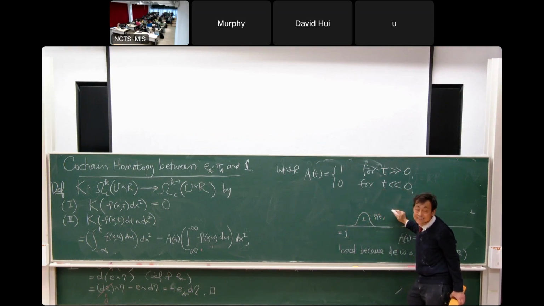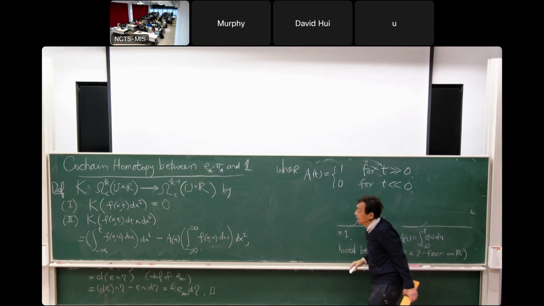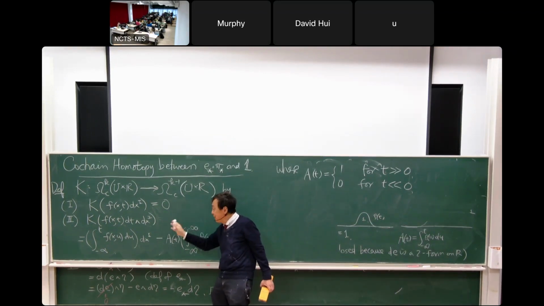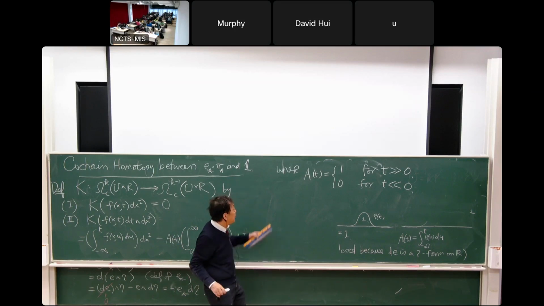If you do that, then it will be 0 for t large and 0 for t very negative also, okay? So you want a function like that.